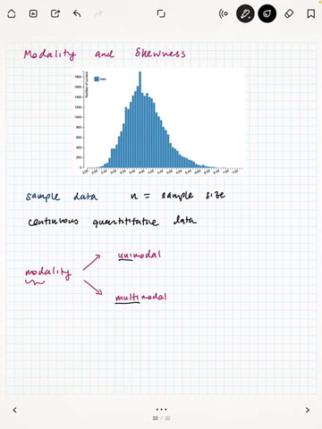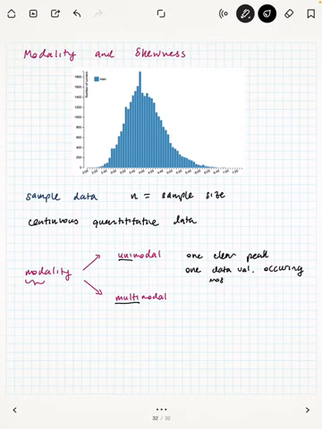And so with unimodal data, there is one clear peak, right? One data value that occurs most often.